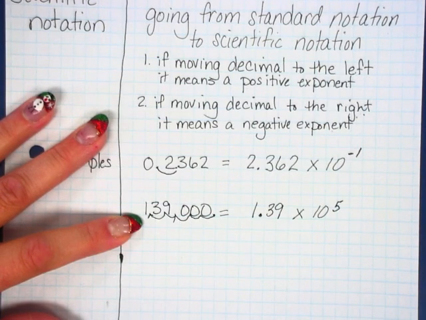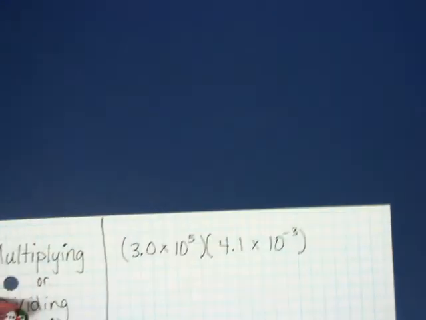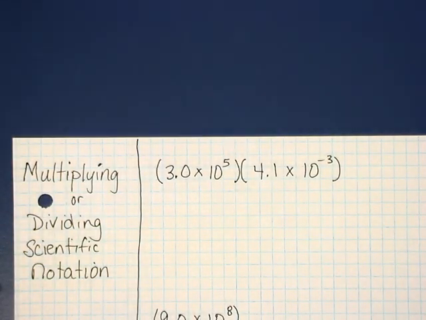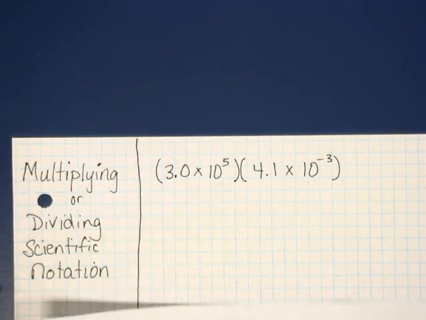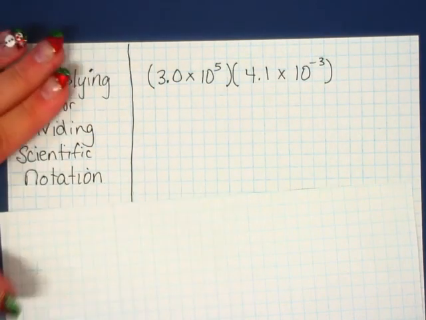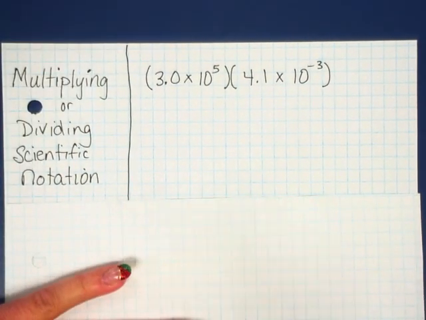Now, let's look at multiplying and dividing with scientific notation. So if we're looking at scientific notation, first we're going to talk about multiplying. This is where we're going to use the rest of this chapter so far to help us make it easier.